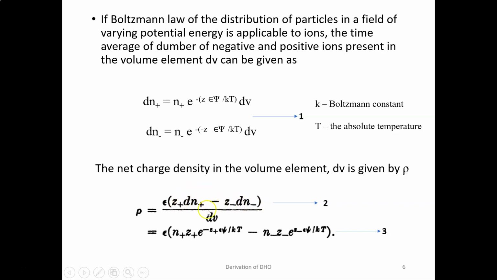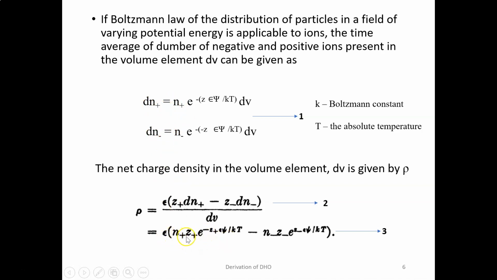Here you have positive charge as well as negative charge, and positive and negative can cancel each other. So we are considering Z+ dN+ minus Z- dN- divided by dV, the volume element, and this can be written like this by substituting the values of dN+ and dN-. So you get equation 3 like this.